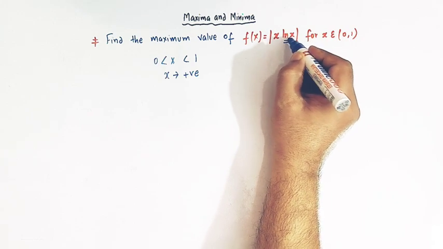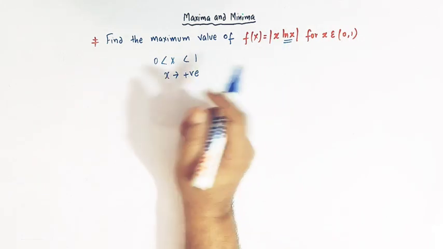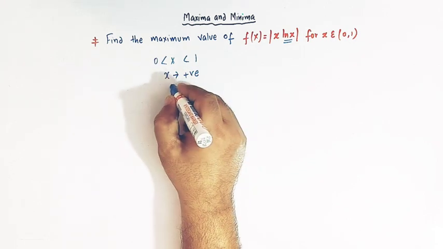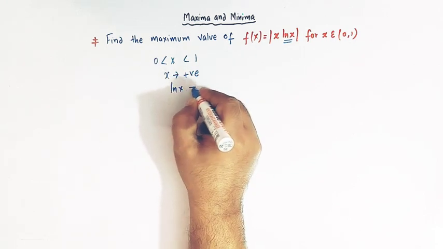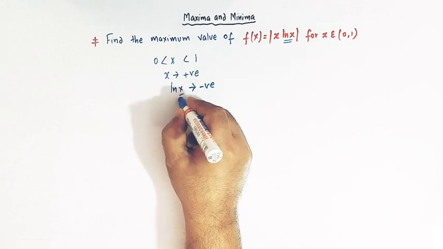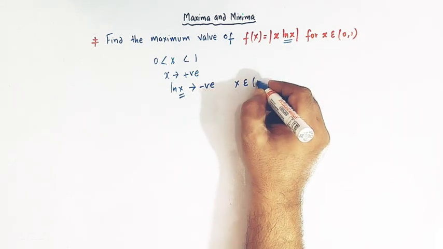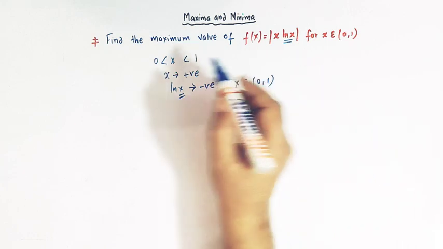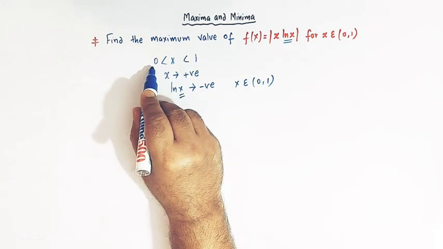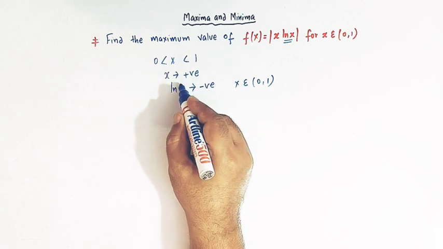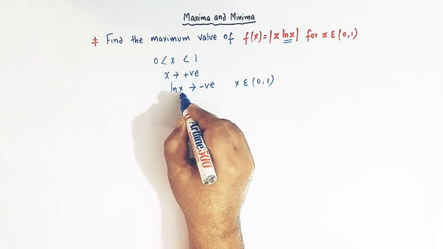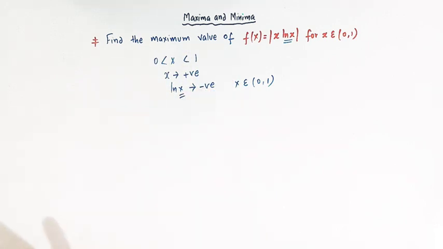This is the natural log, and from the properties of log we know that log of x is negative for all x belonging to the interval 0 comma 1. Whenever x lies between 0 and 1, the logarithm of x is always negative.